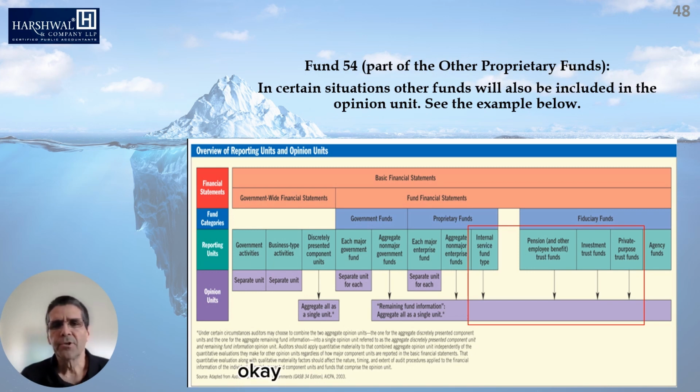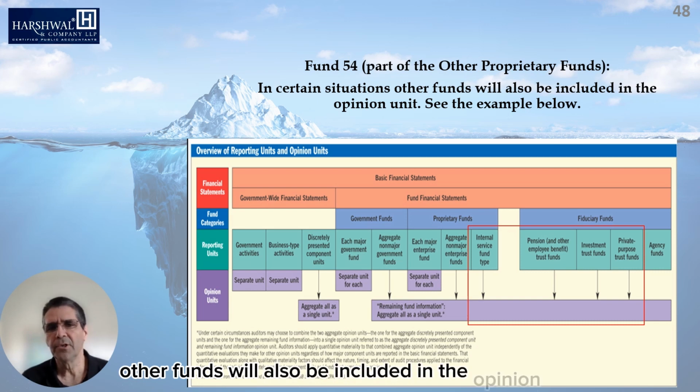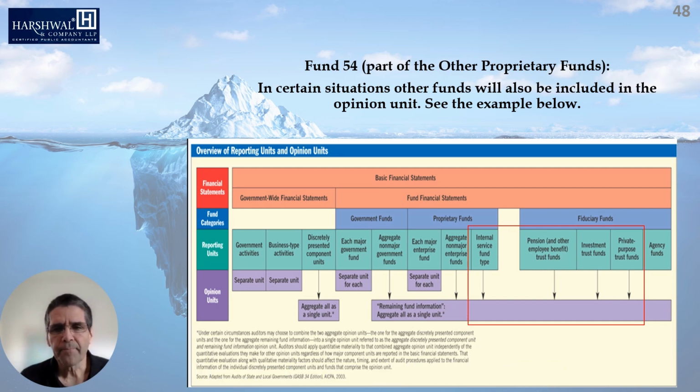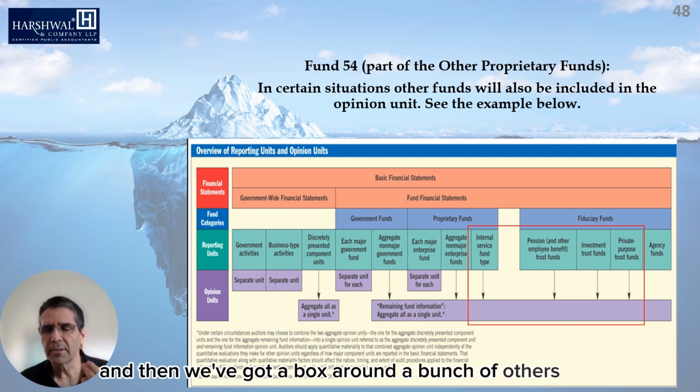Okay. In certain situations, other funds will also be included in the opinion unit. And you can see the example below. If you look, the purple bar down at the bottom shows the opinion units, and the remaining fund information is an aggregation of the other non-major governmental funds, the non-major proprietary funds, and then we've got a box around a bunch of others that sometimes show up.